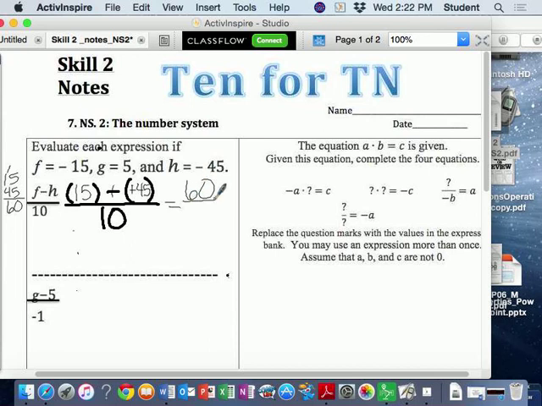So then you have 60 divided by 10. Ten will go into 60 6 times. So your answer would be 6.